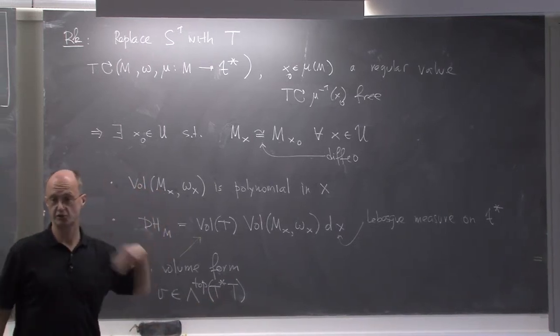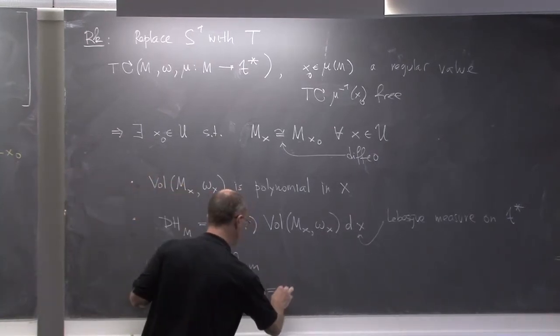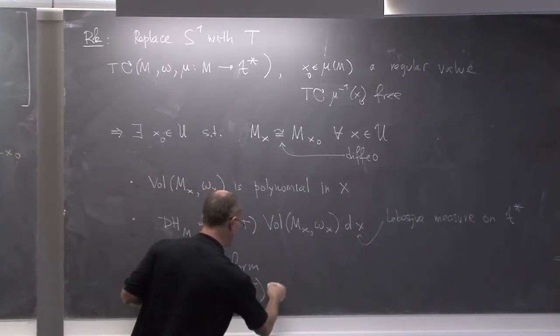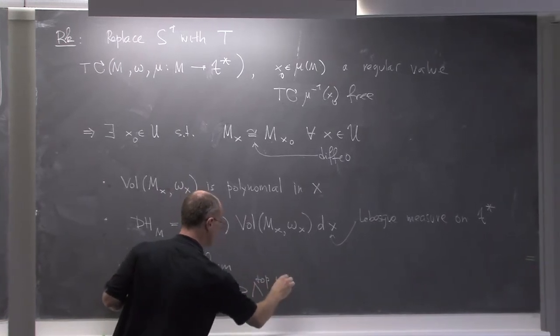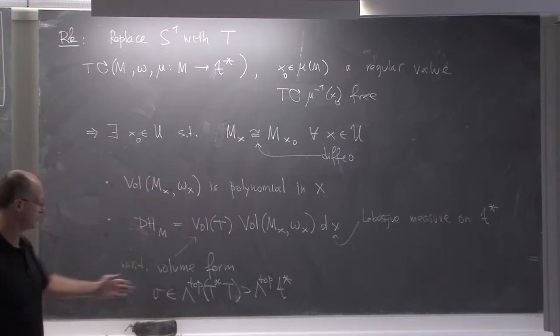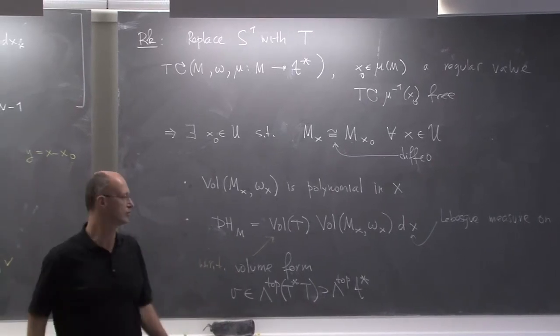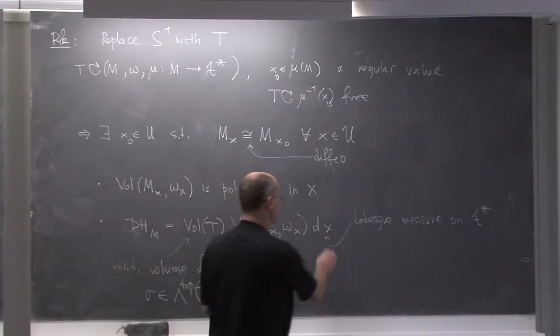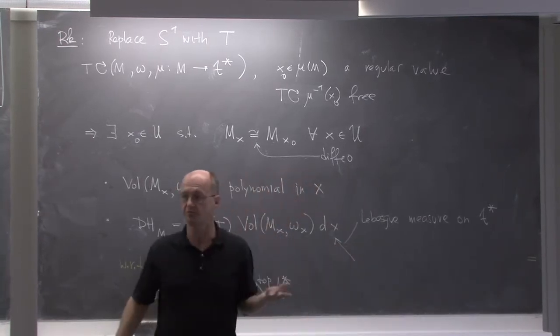Now, if you choose an invariant volume form, here is sitting the top wedge power of t star. That is what you need to make this choice to decide what the volume of your torus is. Now the Lebesgue measure is more or less unique, but up to a multiple, right?